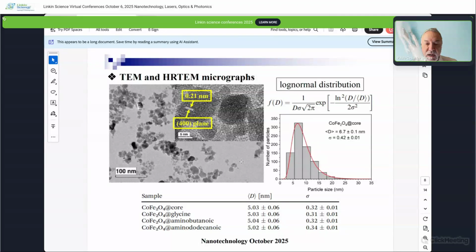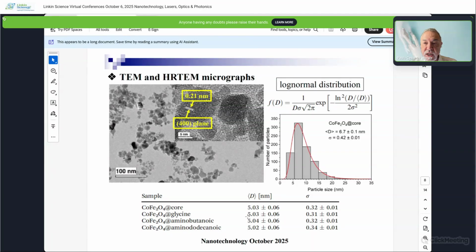When we perform all the morphological characterization, you can see the data, or part of the data collected, in the table in the lower part of my slide. For instance, the cobalt ferrite core, no surface coating, about 5 nanometer in diameter, and coating with the 2 carbon amino acid, glycine, gives about the same size, and aminobutanoic acid, and aminododecanoic acid, 12 carbons in the chain.